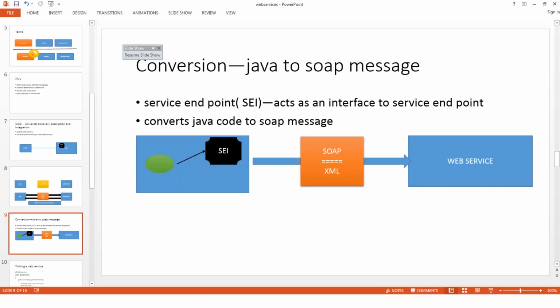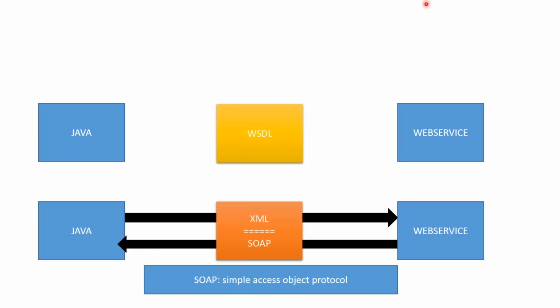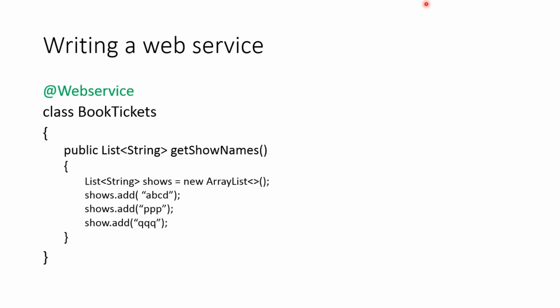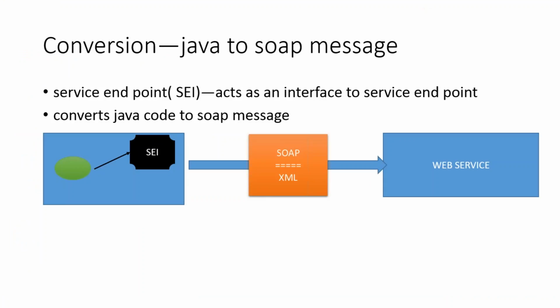Now, over here, when you get the web service, some code will be locally transferred over here. Your service endpoint converts the Java code to the SOAP message.